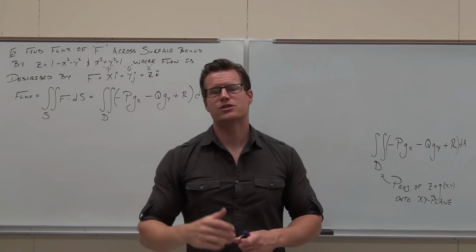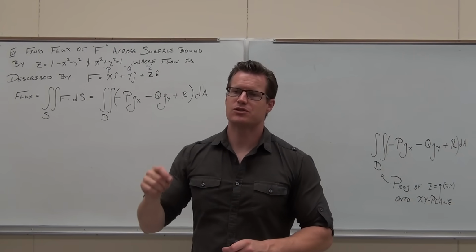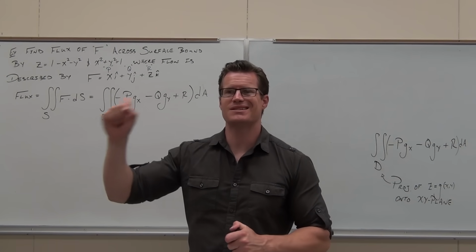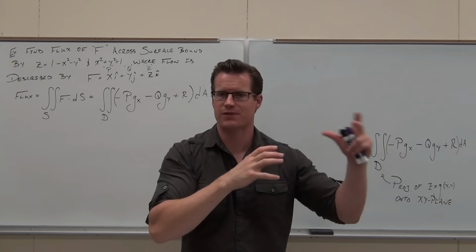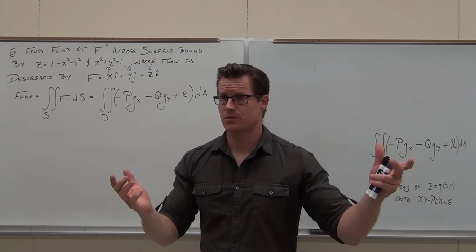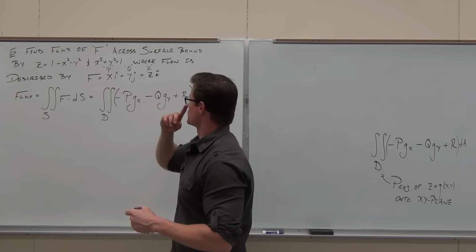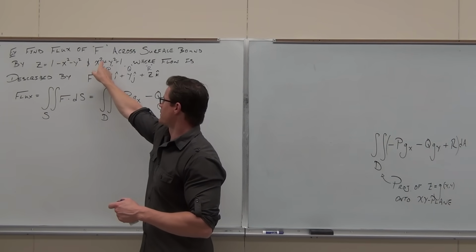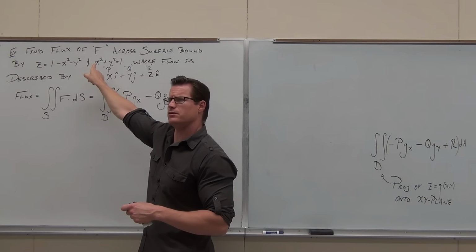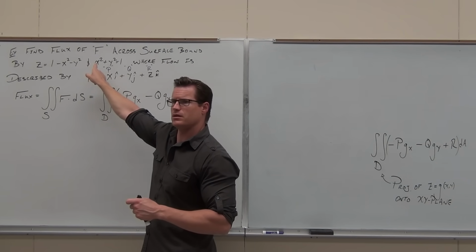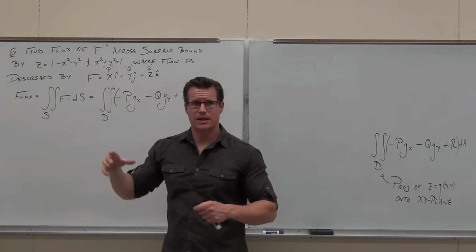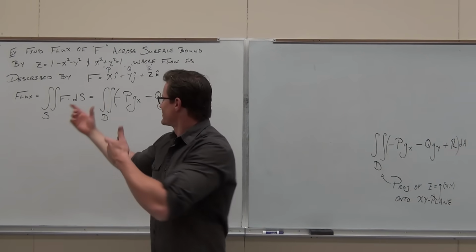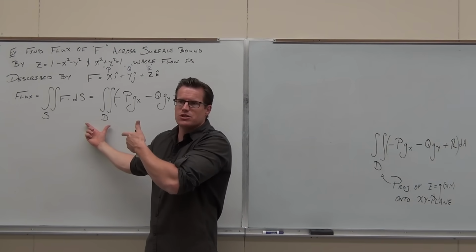Okay, next step. We also need a surface, and we need that surface to be defined for us as z equals something in terms of x and y. Do we have one of those? Okay, so which one does this one? This one. Yes. Okay. What about that one? Does it matter for us so much? It's not going to matter right now, but it's going to matter for the region. I'm going to call it the region, that's what it is.